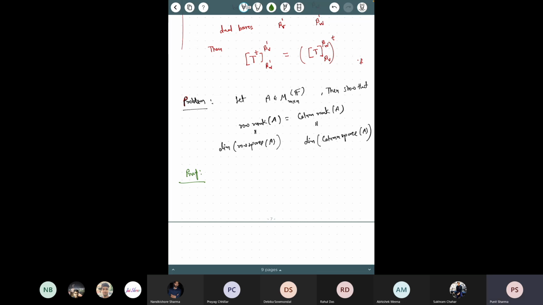You know how to do that. So can you tell me how to define this map from Fn to Fm such that the matrix of T with respect to the standard basis is the given matrix?